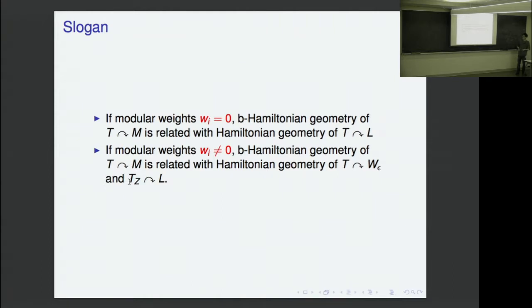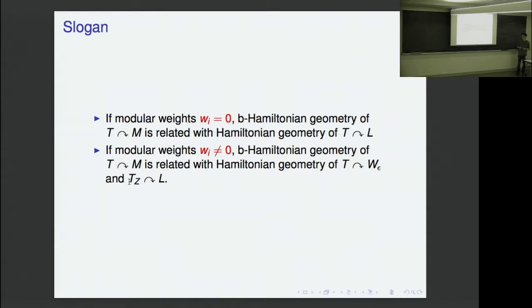In the zero modular weight case, everything is as nice as in the symplectic case, because zero modular weights means there is no singularity, and the b-moment map shares the same nice property as in the symplectic case: for any critical submanifold, the indices will be even and the co-indices will also be even.